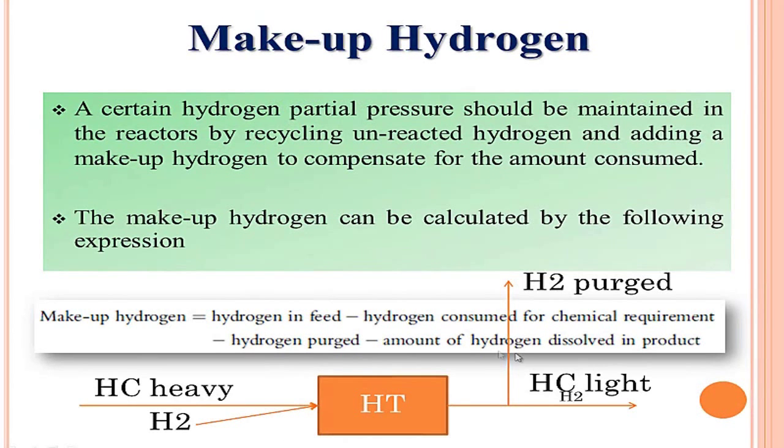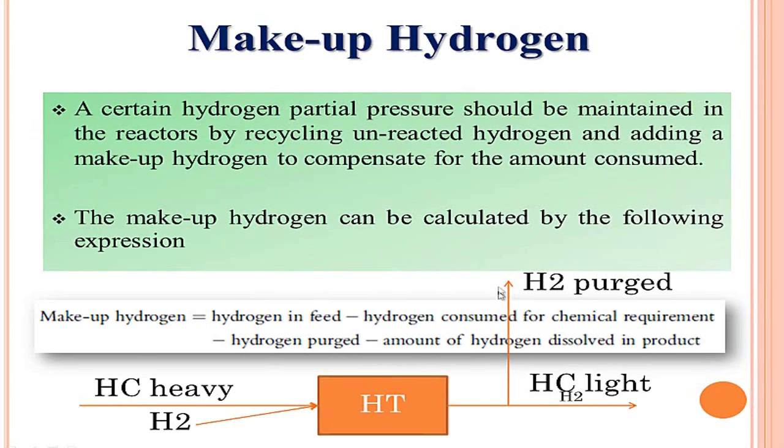Now we look at the diagram that may help you to understand more easily. Hydrogen needs to be fed here to react with the heavy hydrocarbon. After that, the heavy hydrocarbon becomes light hydrocarbon. Of course, some dissolved hydrogen may occur and then go with the product.